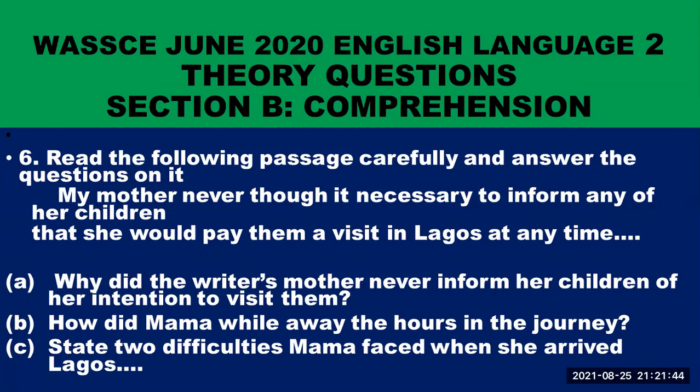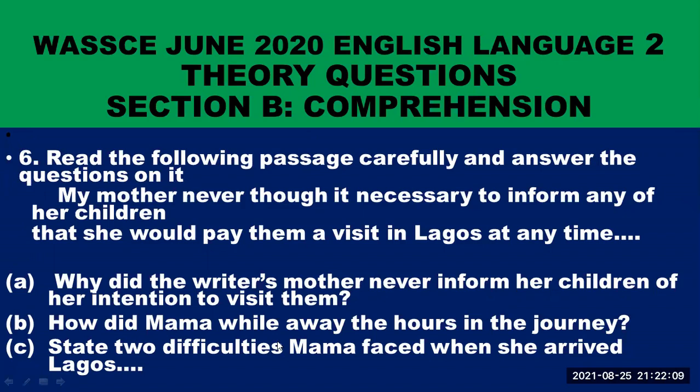You will find various videos I've uploaded that give a detailed explanation of how to answer comprehension questions. All right, you will find the videos in the description section. But let's look at questions A, B, C here.